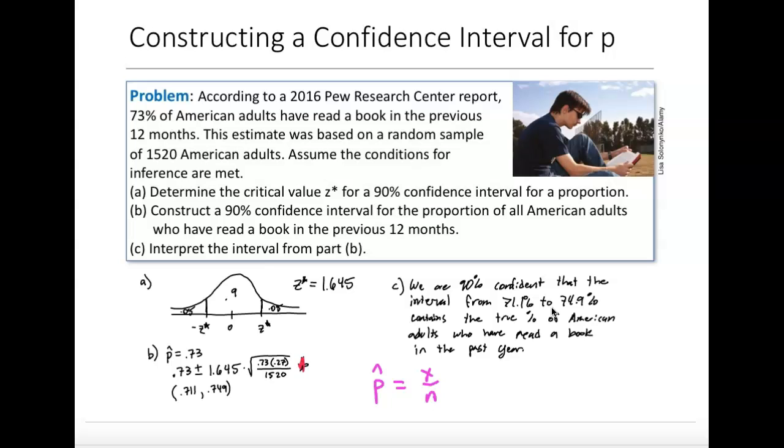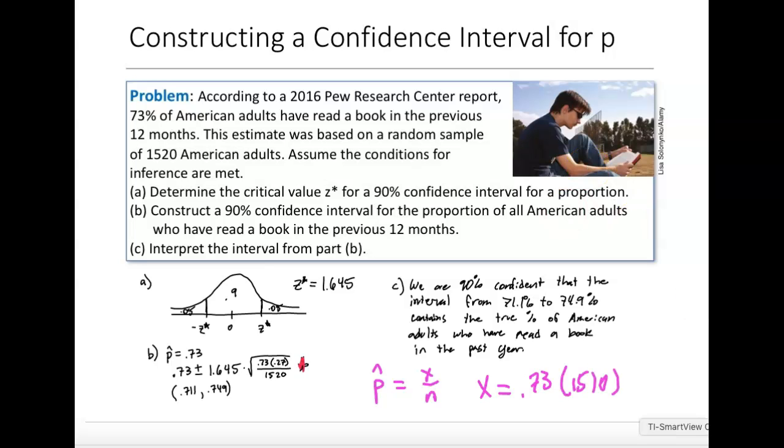Now in a case like this, they didn't give us the x. They just straight up gave us the p hat value, which is 0.73, right? But they did give us the sample size, correct? So we can figure out x by multiplying p hat by the sample size. So if I do 0.73 times 1510, that should give me the number of successes.